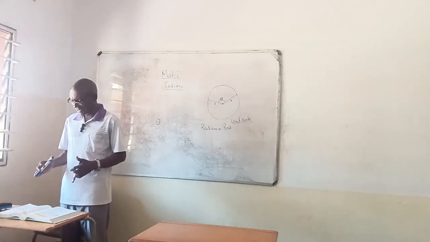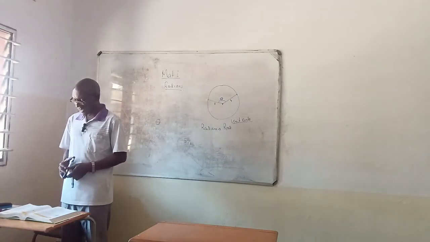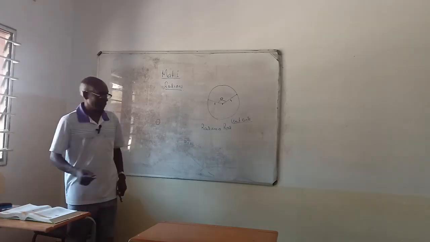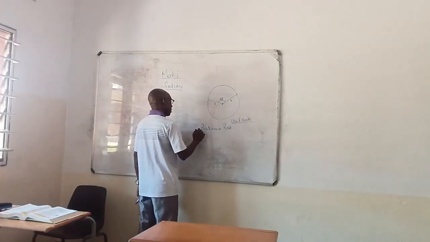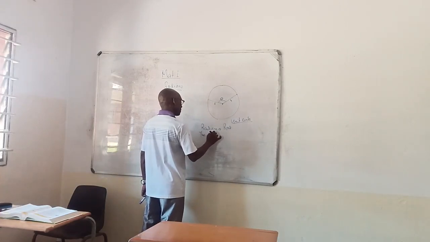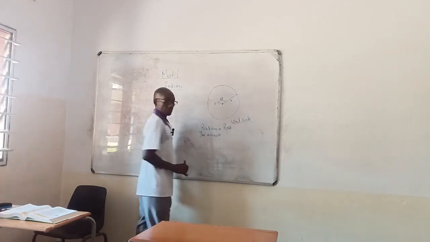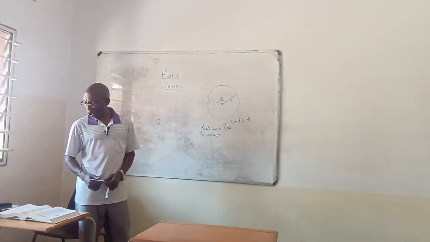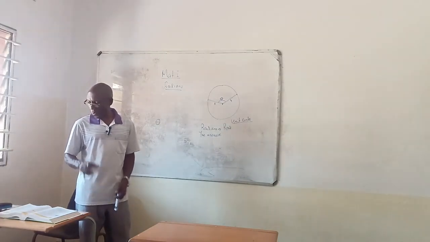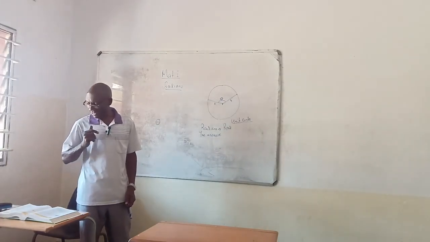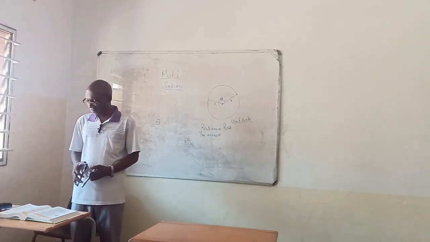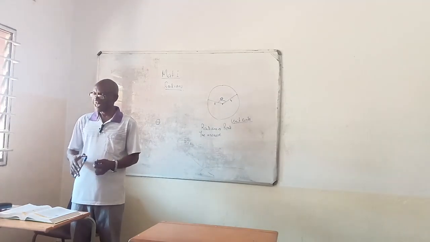Now, the measure of a theta in radians is the length of the portion of the circle subtended by the theta. Therefore, if you are measuring the length of the portion of a circle subtended by the theta, that is the radians.